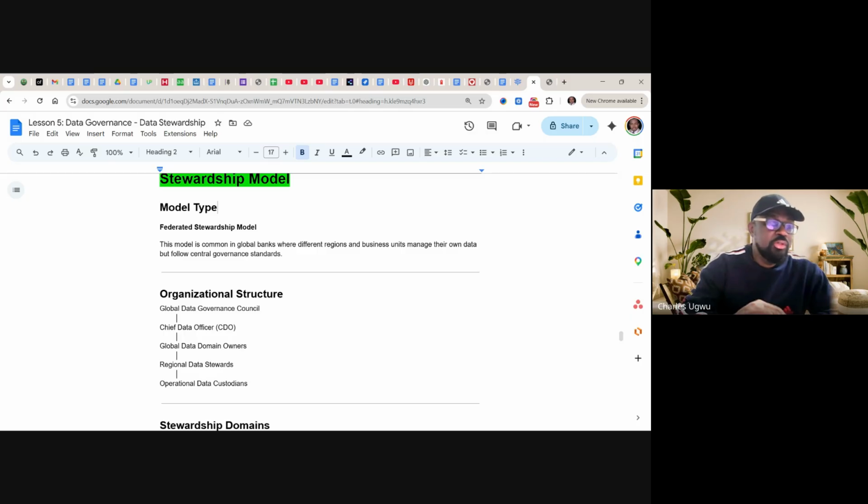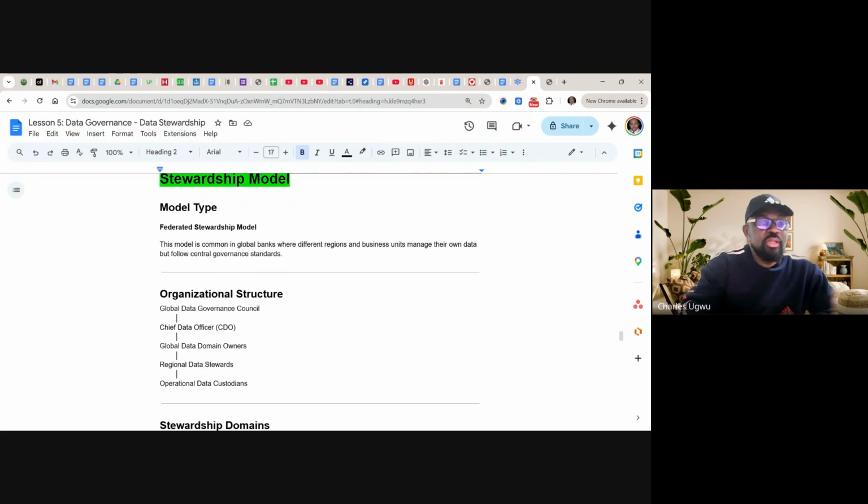Organizational structure: Global Data Governance Council, and we'll have the chief data officer. We'll have global data domain owner, and then regional data steward, and then operational data custodian.